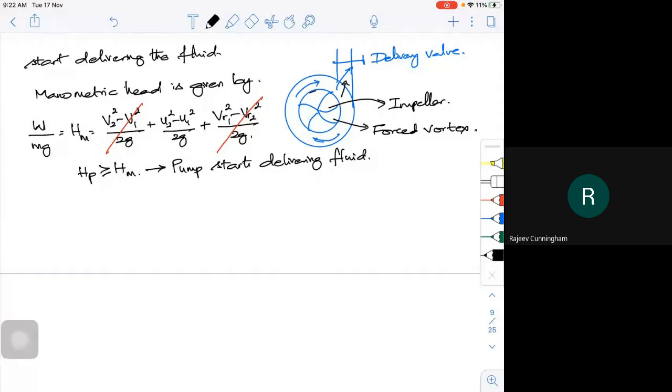Okay. Now, if you closely look into this, your HP should be greater than U2 square minus U1 square by 2g.